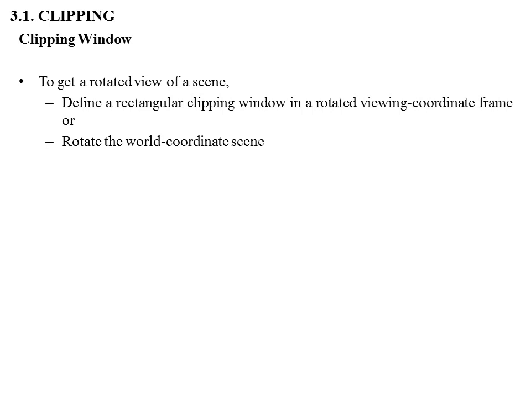So here, in case you need to have a rotated view of a scene, you have two options. Define a rectangular clipping window in a rotated viewing coordinate frame. So it is nothing but you are supposed to define a clipping window in a different axis, which is called the viewing coordinate frame.